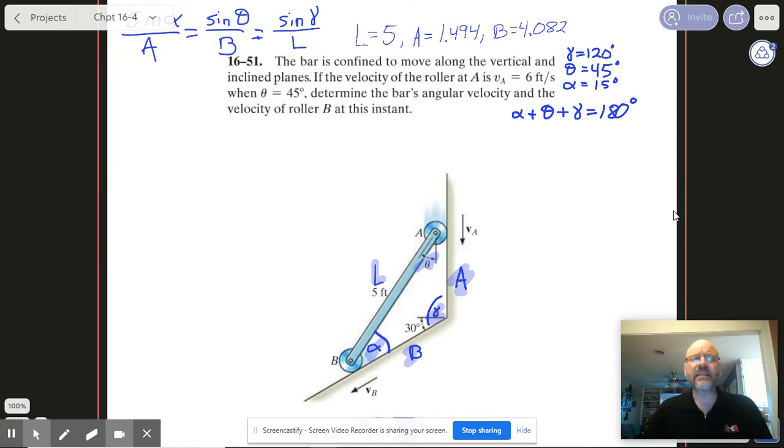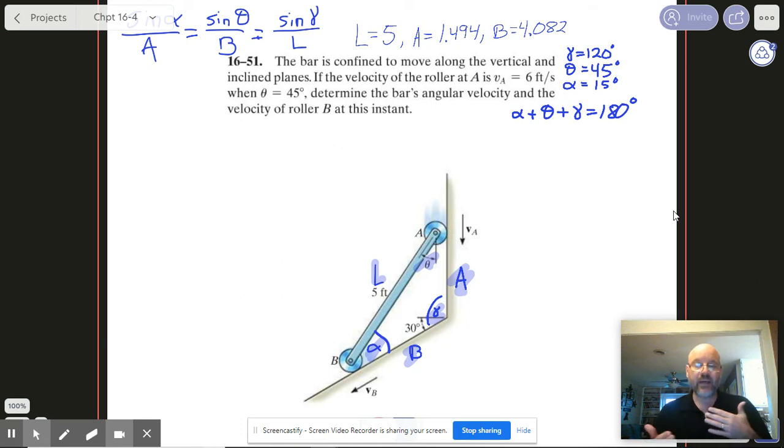One of the things that's different about this is we don't have a straightforward relationship between our variable of interest and the variables we have to work with, okay? So we know that V sub A is going to be 6, but that's all we know.